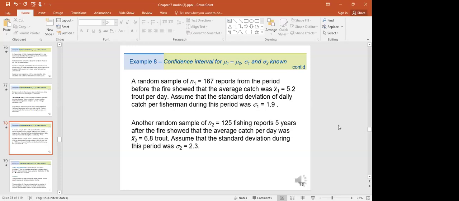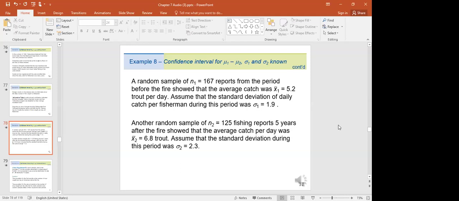It is now going to ask you, what is the standard deviation of the first population? Sigma 1 is 1.9. And sigma 2 is 2.3, good. Then we enter the sample mean for the first population, x1 bar, 5.2. And the sample size, 167. Now we enter information for the second population.